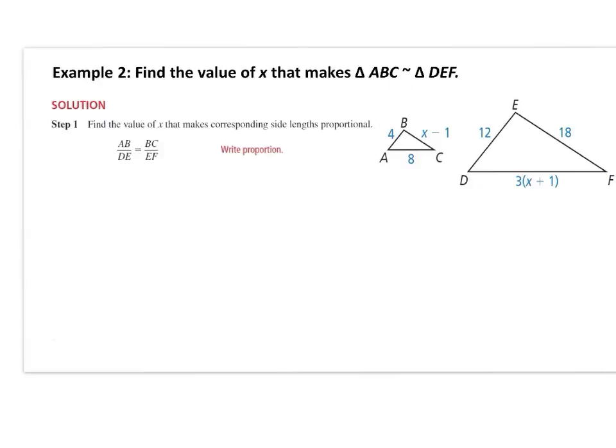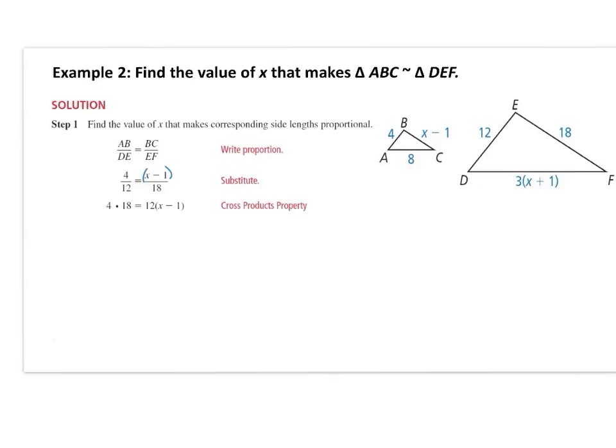All right, so my first step for finding the value of x that makes the corresponding side lengths proportional is to set up my ratio with just the sides mentioned. So I'm comparing, like I said, AB to DE, and then comparing BC to EF, and those must be equal in order for them to be proportional. Next, I substitute all the given lengths for the sides in my proportion, resulting in 4 divided by 12 equals x minus 1 divided by 18.